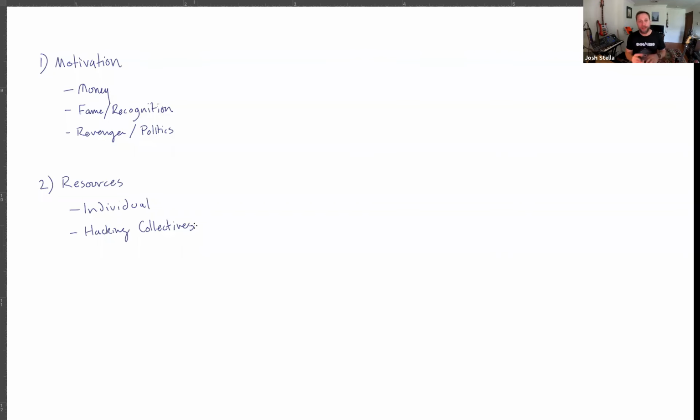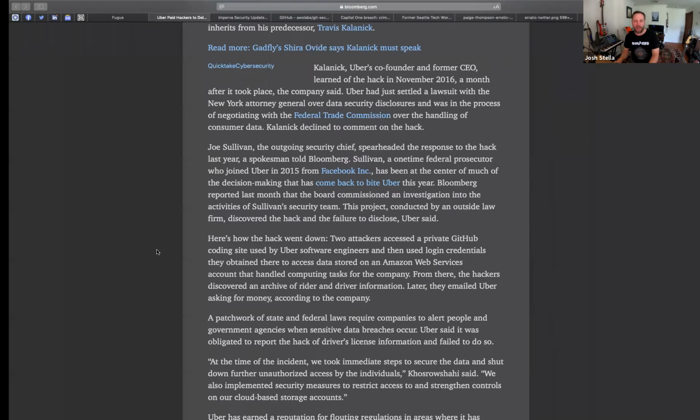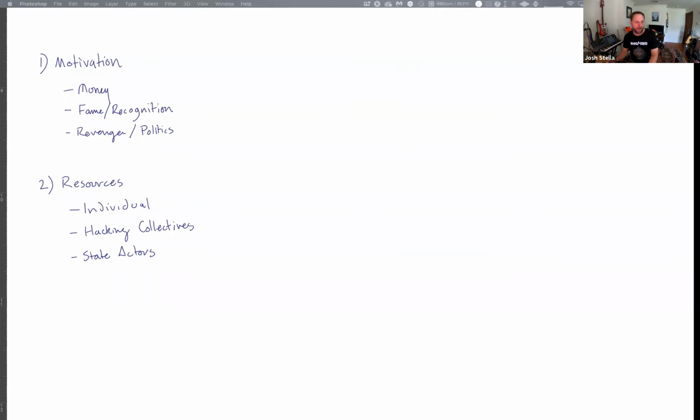You'll find these hacking collectives are kind of semi-public, but there are hacking collectives that are just organized crime, right? But they have more resources. They have more things to bring to bear. And then obviously there are also state actors and large organized criminal enterprises. Those are kind of unusual compared to the other two.